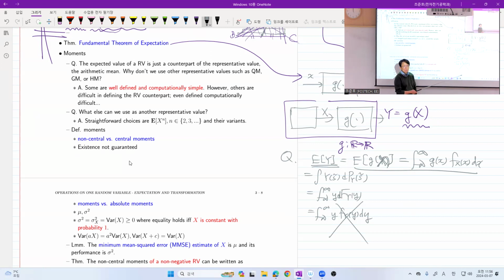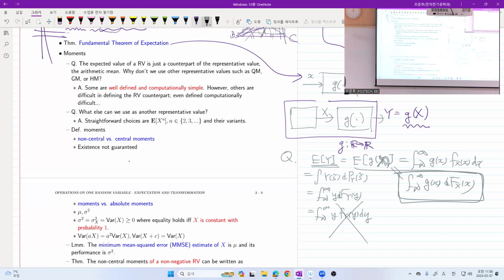It has to be proven because it's a theorem. So this is the definition, but we must be able to prove that it can be rewritten this way in terms of the PDF of X or the CDF of X. No textbook probably proved it, and I'm not going to prove that either. I just want to let you know that it was not a definition. It was not trivial at all. It must have been proved.